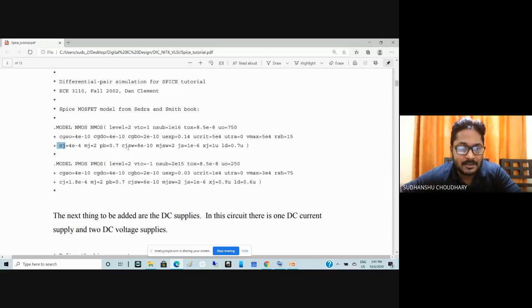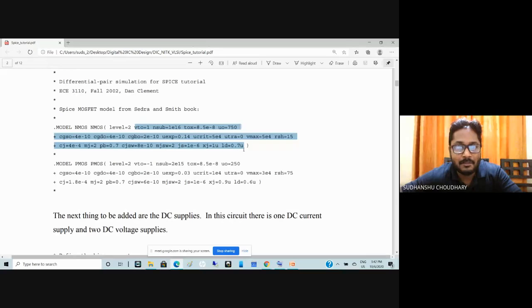Then junction sidewall capacitance, CJSW, and mutual capacitance between the junction sidewalls. Junction lengths, so lateral length, all lateral diffusion length. So all these things are called process parameters, and these can be provided here. Maybe if I'm using level 2, I'll write level 2 and then level 2 parameters. You will find these level 2 parameters in the MOSFET model file.